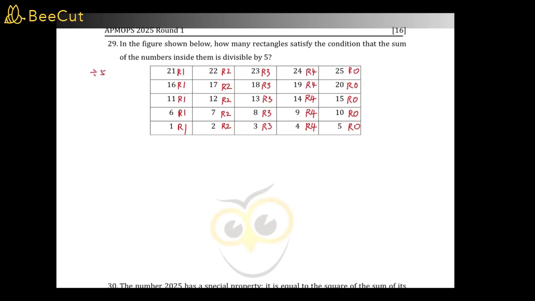Okay. So if you check the sum of numbers within the rectangle that's chosen, it will be deciding whether this is divisible by 5. It just equals to the sum of the numbers in the row. Suppose you choose these 3 numbers in the row.